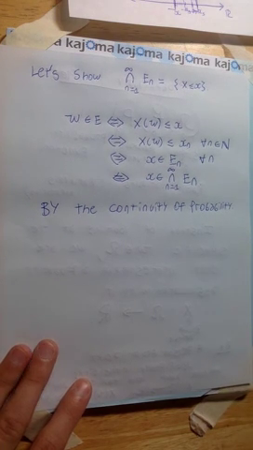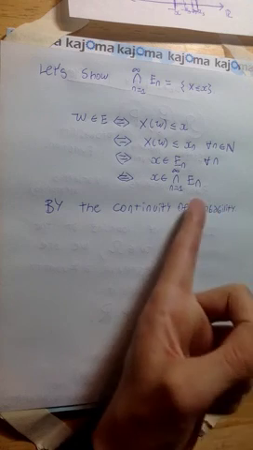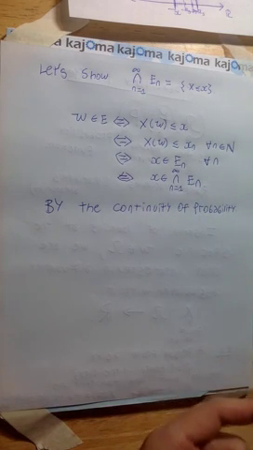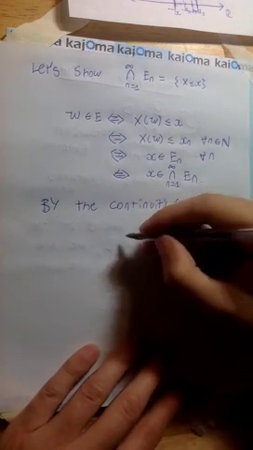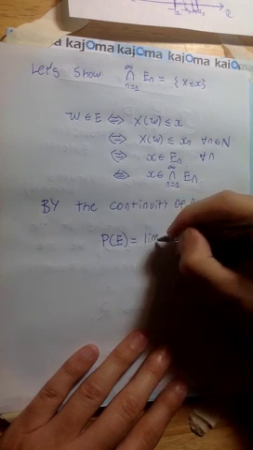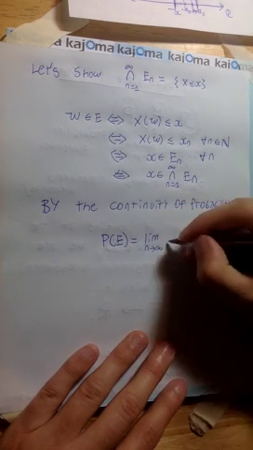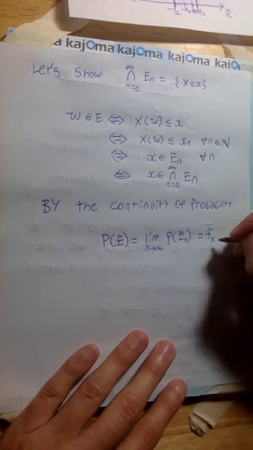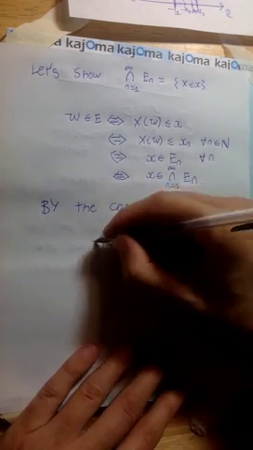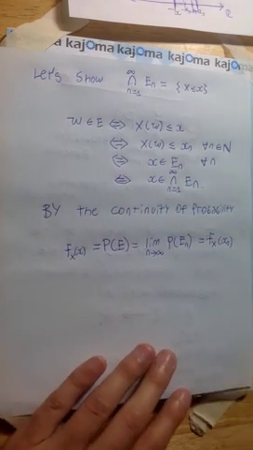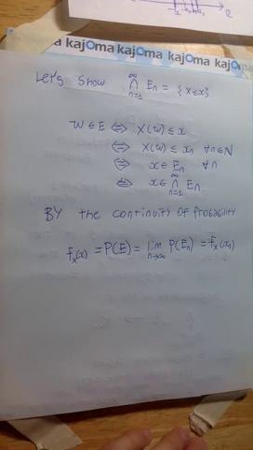So by the continuity of probability, what we have is that the probability of E is going to be the limit when n goes to infinity of the probability of E_n, which is equal to F_X(x_n), and the probability of E is F_X(x). Okay, and this finishes the proof of the second property.